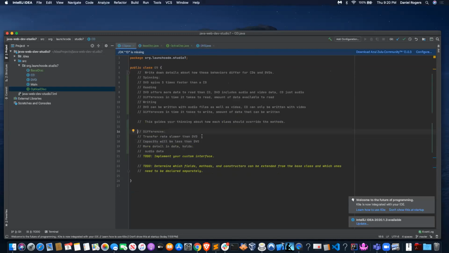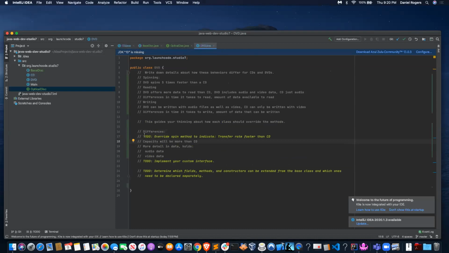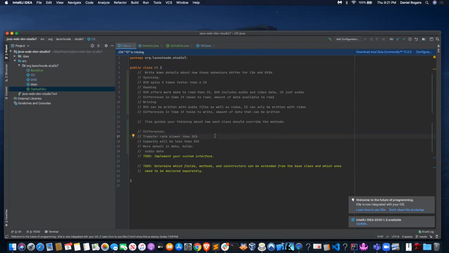So I'm just going to do one more. I think that's a good base.